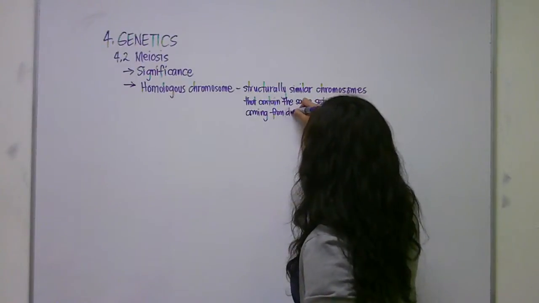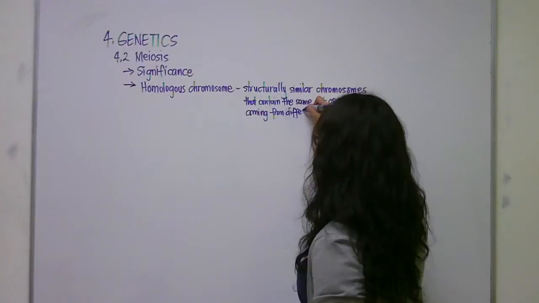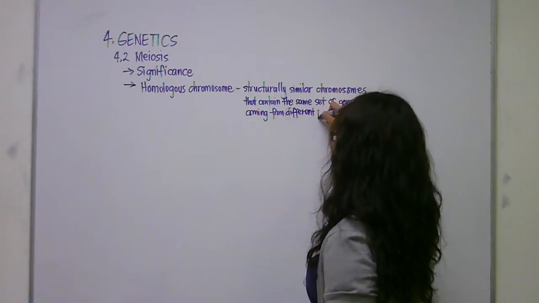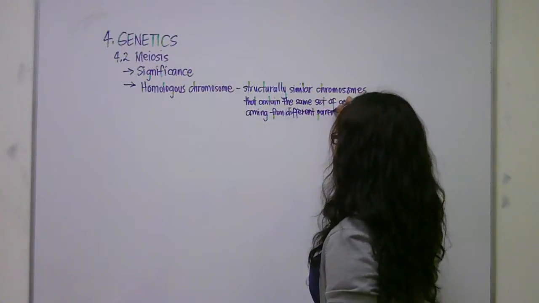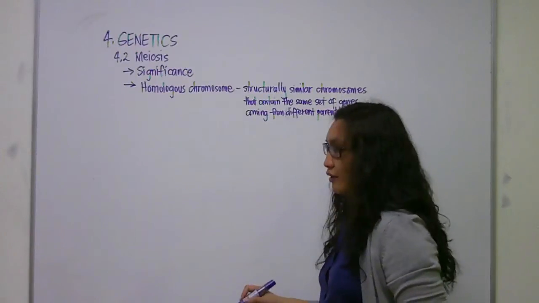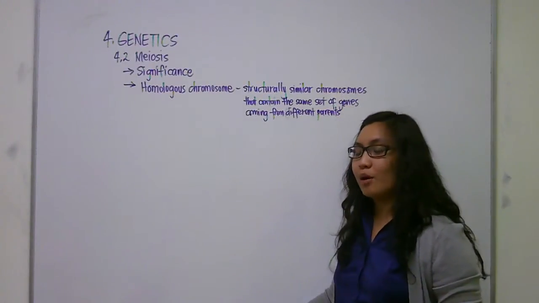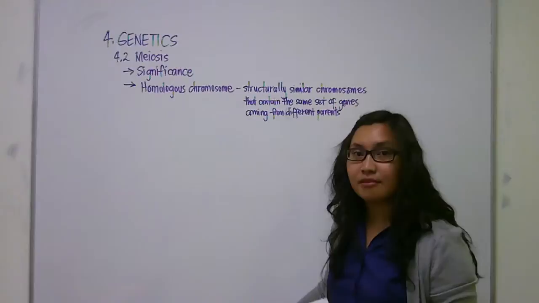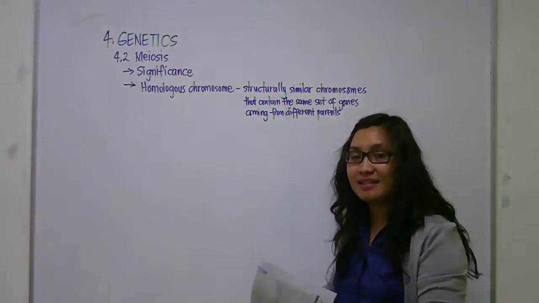We have to reiterate to students as well the reason why siblings, or all offspring in a family, don't look exactly the same as their parents.